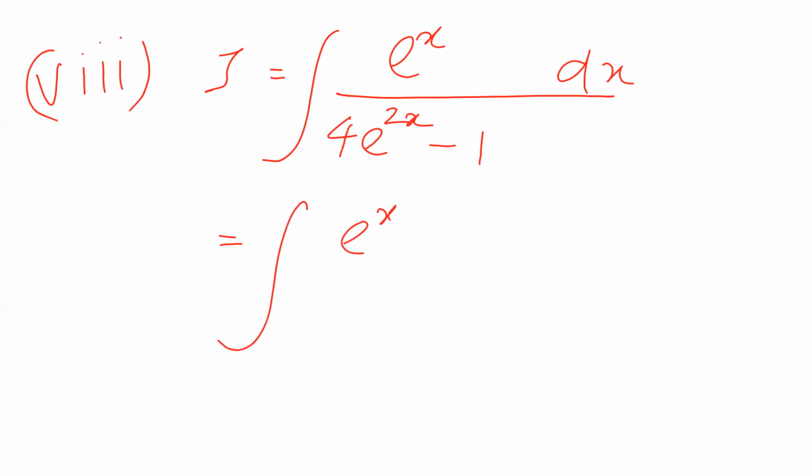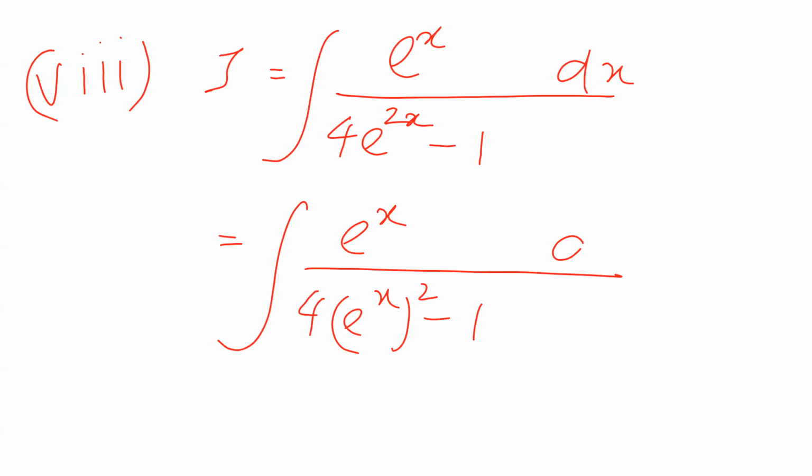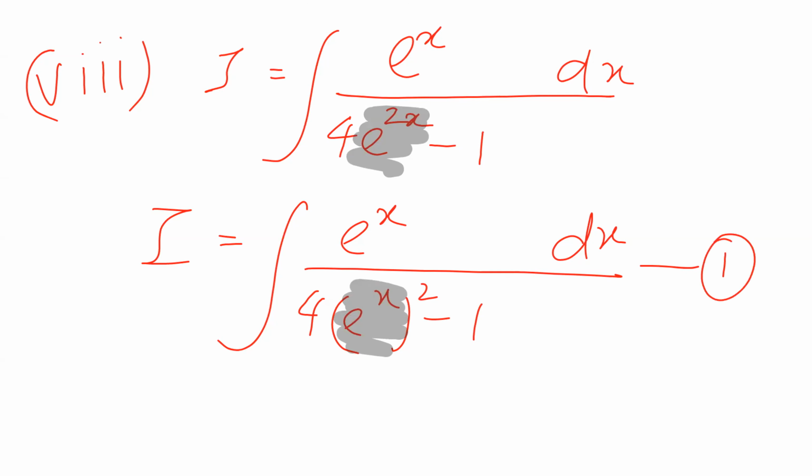So this is e raised to x, 4 e raised to x the whole square dx. Correct? E raised to 2x I have written as e raised to x the whole square. So put e raised to x as t.